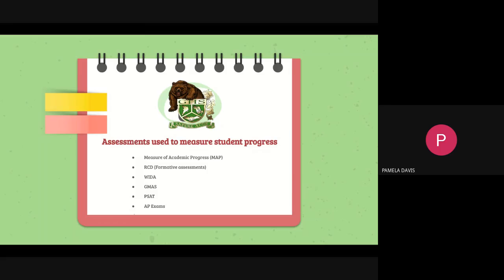That will be administered online. In order to get credit for the AP exam, you have to have a score of 3 or higher. The highest that you can receive is a 5.